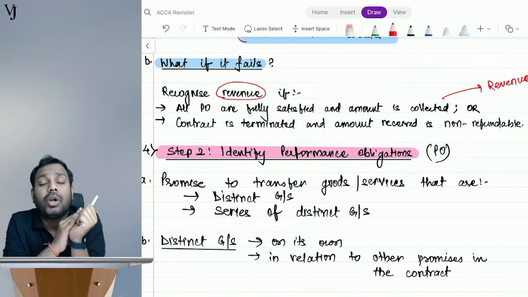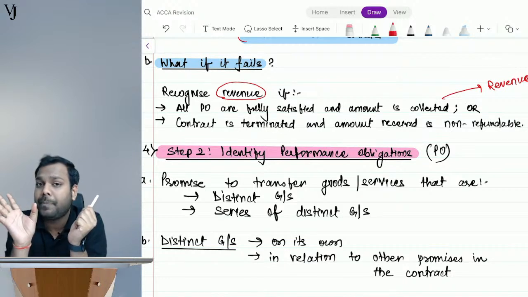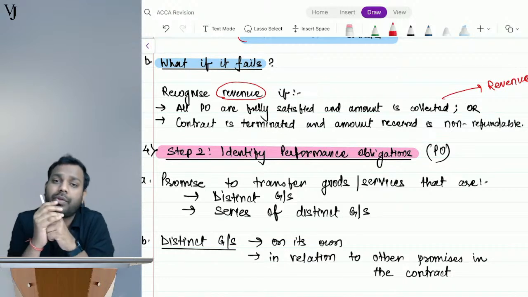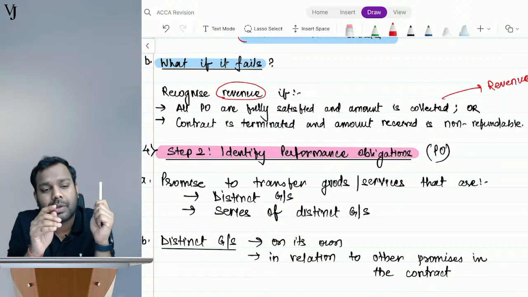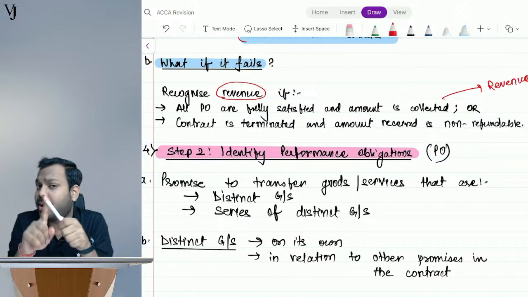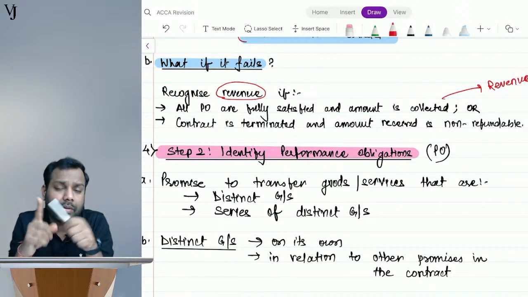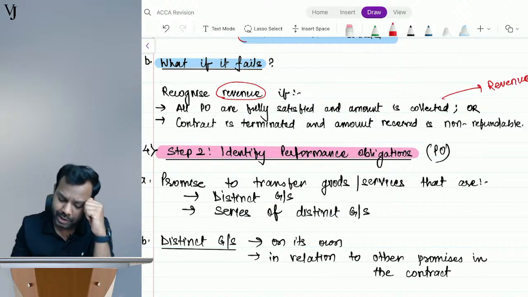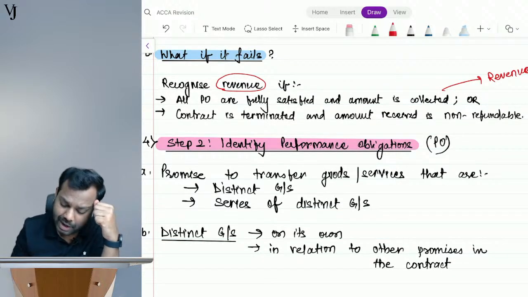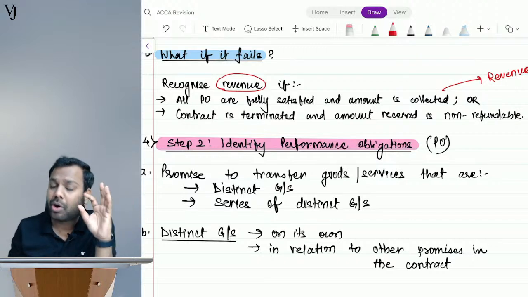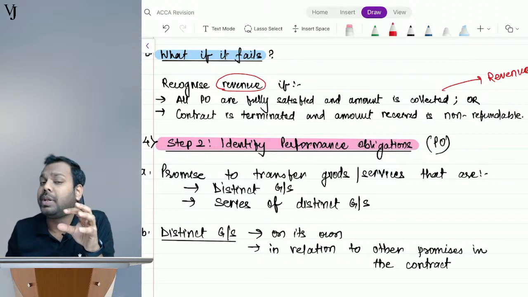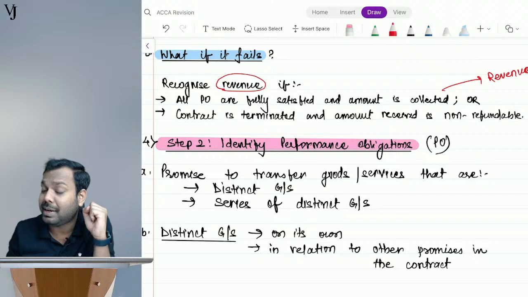They will not refund you. So that is income for them. Why? Because the contract is terminated and the amount is not refundable, they can recognize it as revenue. The contract is terminated and the amount that the entity has received is not refundable.